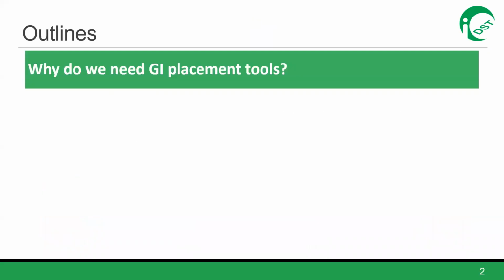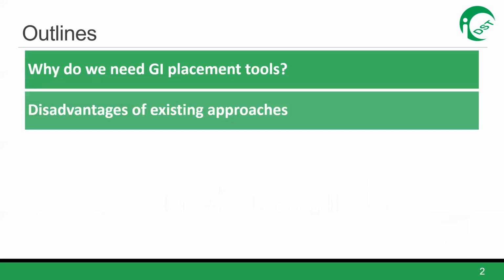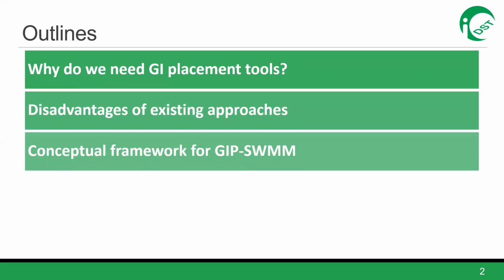Here is the outline of the presentation. First, I'm going to talk about why we need green infrastructure placement tools. After that, I'm going to talk about the disadvantages of the existing approaches for green infrastructure placement, then the conceptual framework of the green infrastructure placement tool coupled with SWMM.